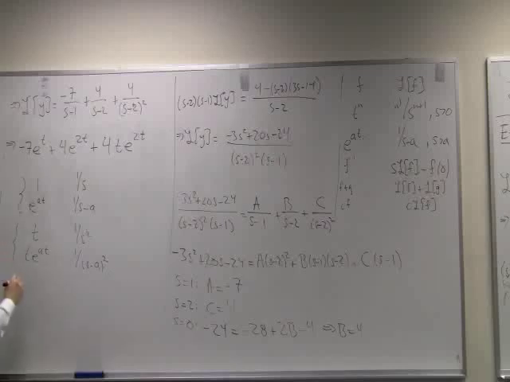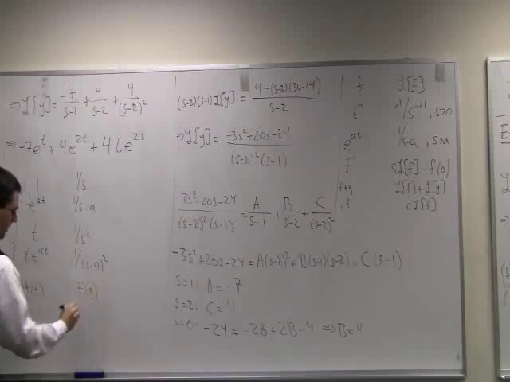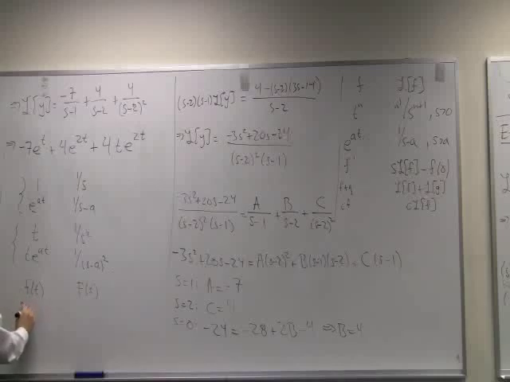This suggests, well, f of t goes to, sometimes called big F of s. What then should f of t e to the at go to?